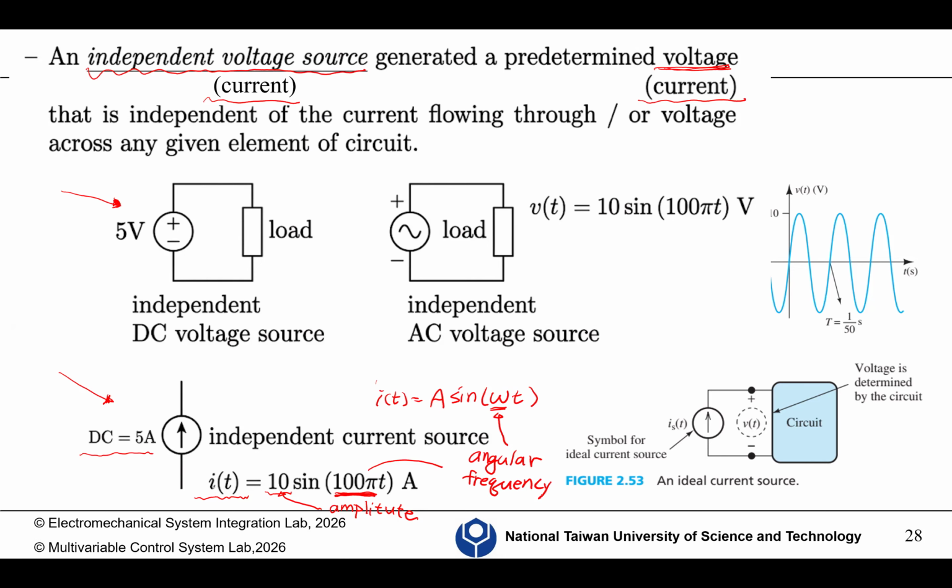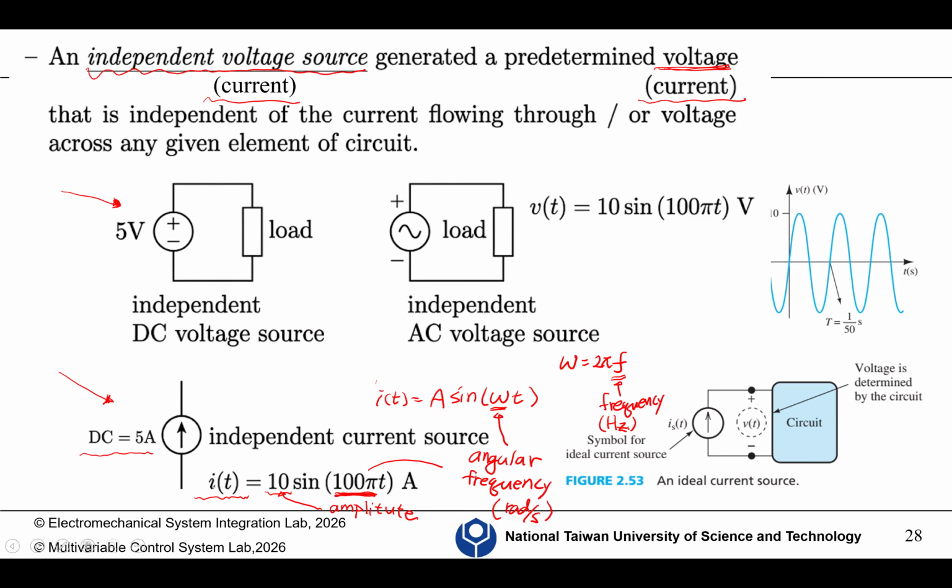Okay, and the unit of angular frequency is radian per second. And so omega equals 2 pi f, where f is frequency, and the unit is hertz.